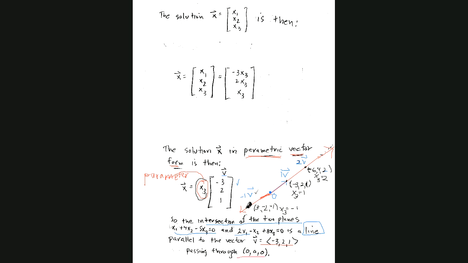So by writing the solution vector x in parametric vector form, it allows us to be descriptive in terms of what the solution geometrically looks like. Okay, I'll give you a moment to copy that.